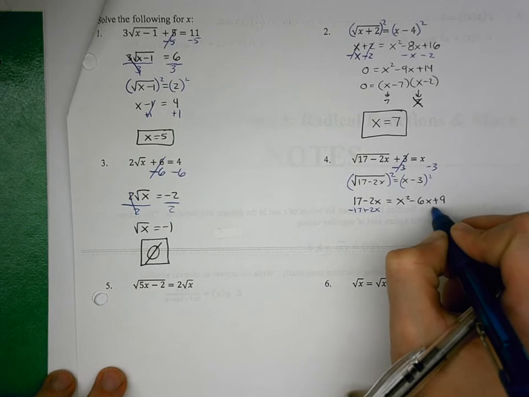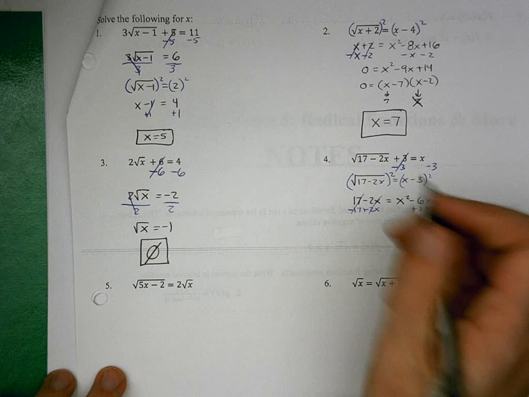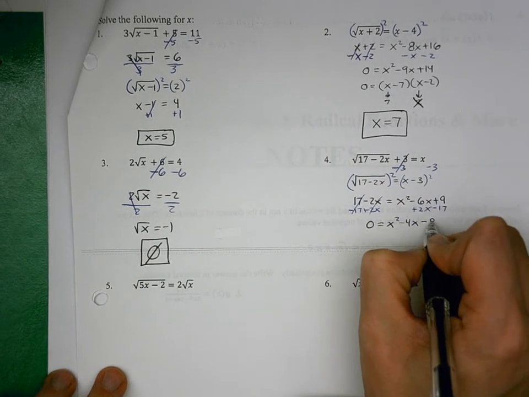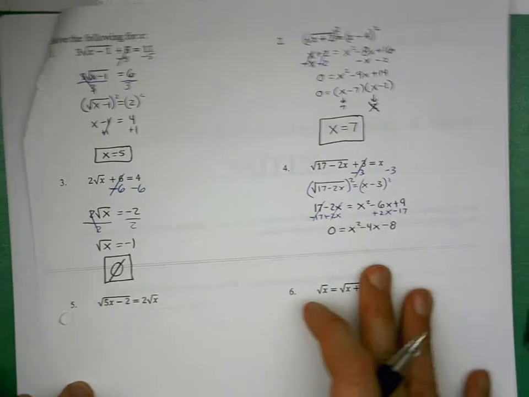I'm going to subtract the 17 and add the 2x. We get 0 equals x squared minus 4x minus 8, which doesn't factor. So this would be quadratic formula time.